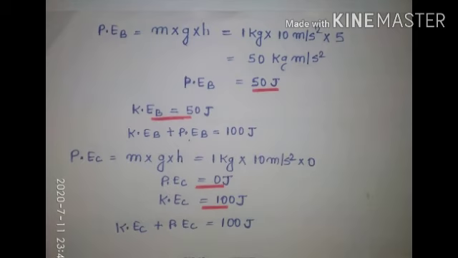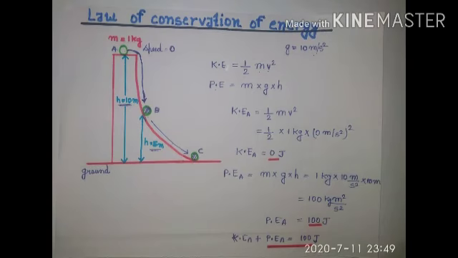Therefore we can say the potential energy changes into kinetic energy when it is put to use. In absence of friction, the sum of potential energy and kinetic energy remains constant at each instant.